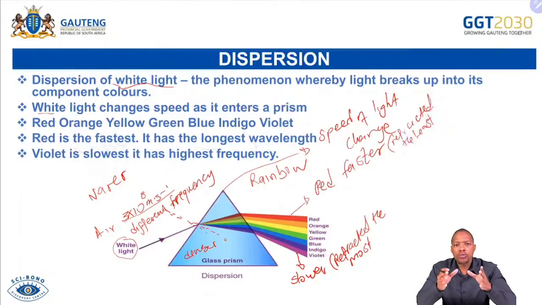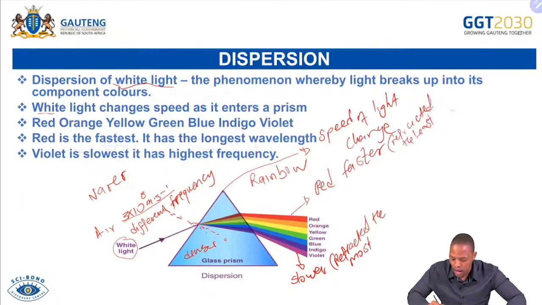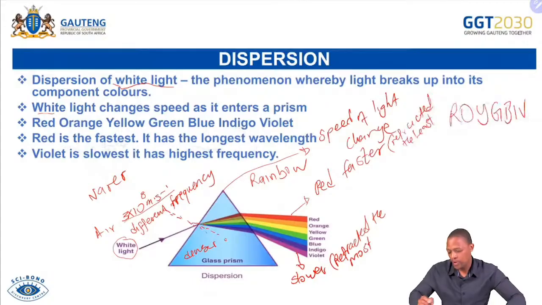Okay. Now, sometimes we find that people struggle to remember these colors when they don't see them. So, one way of remembering these colors, grade 12, is just to have sort of this mnemonic that I usually use with learners. I say, just say this is Roy G. Beef. Okay?